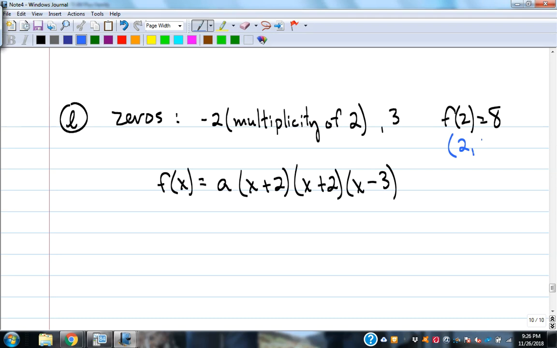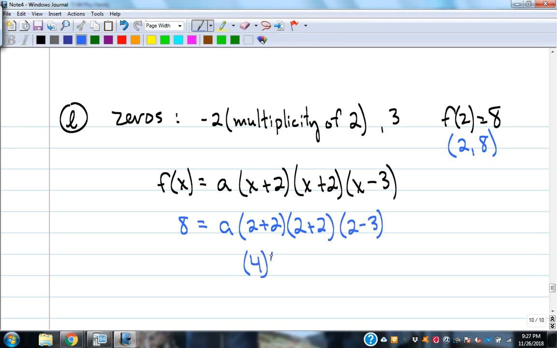Over here, we got an ordered pair of 2, 8. So we're going to plug a 2 in everywhere there's an X, an 8 there for Y, and try to find out what A is. So 2 plus 2, 2 plus 2, and 2 minus 3. So we got 4, 4, and -1.